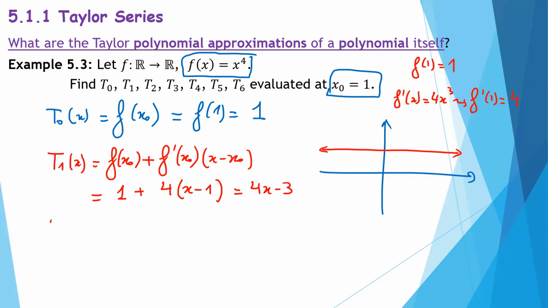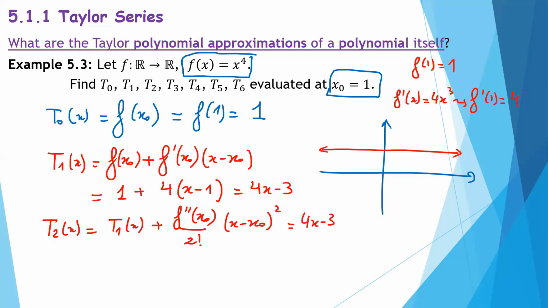Okay, what is T2? So T2 is T1, if you want, plus an extra term, which is the second derivative at x0 over 2 factorial, times x minus x0 squared. So it's 4x minus 3 plus, what is the second derivative of f?